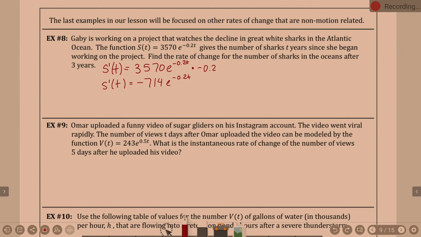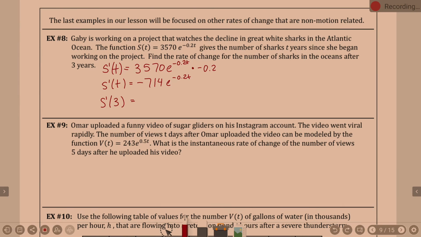We want the rate of change of the number of sharks in the ocean after 3 years. So S prime of 3. This is definitely a calculator plug-in. Is it the caret button? Nope, that's pi. It's second, on the LN button.